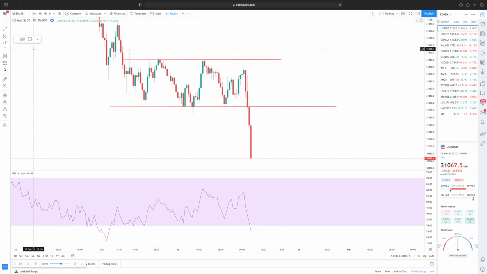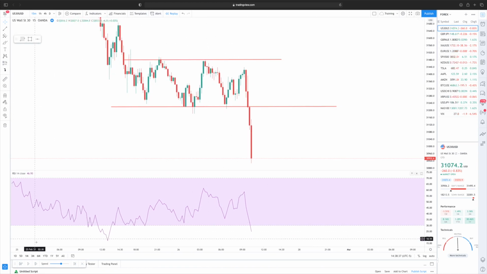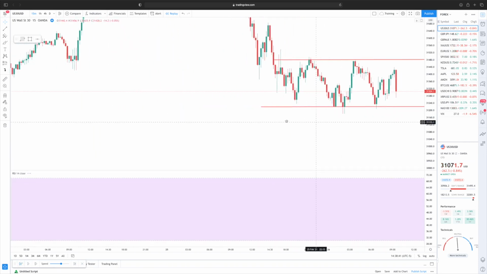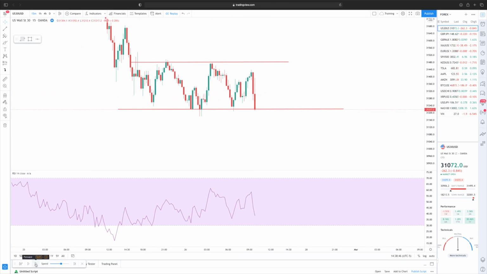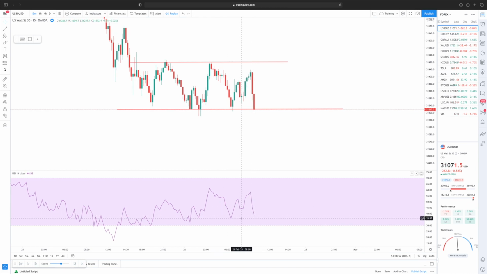And if you see a double top here, when it breaks the neck, what do you get? You get that downfall all the way down. So here, we kind of had that formation already of the double top. You see that? All we were waiting for was a break below the neck.